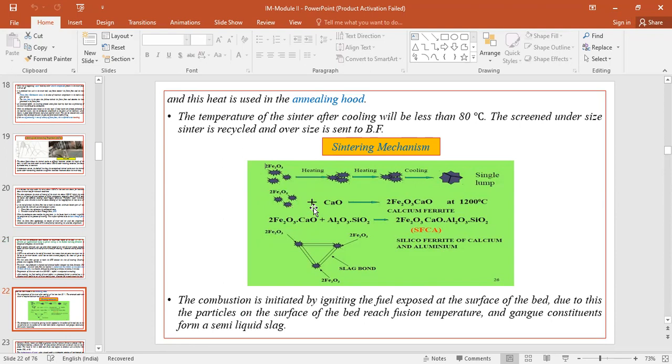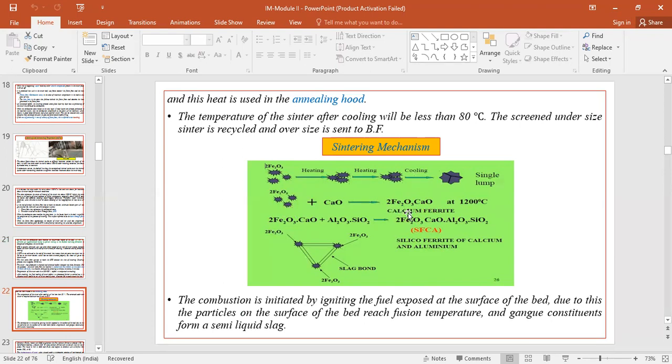CaCO3 dissociates into CaO and CO2. That CaO will react with your iron bearing material and form a low temperature phase, calcium ferrite.